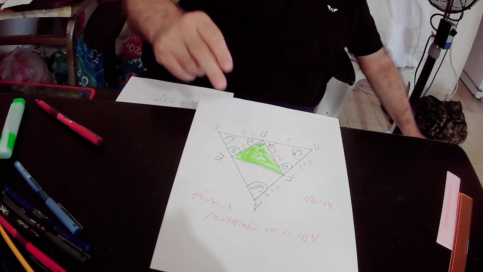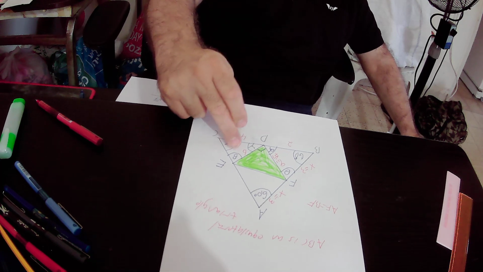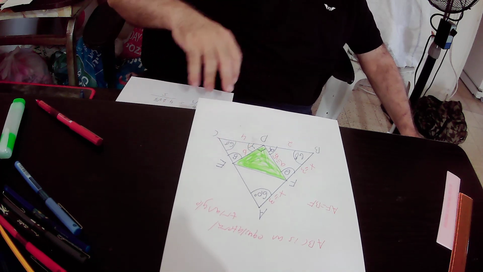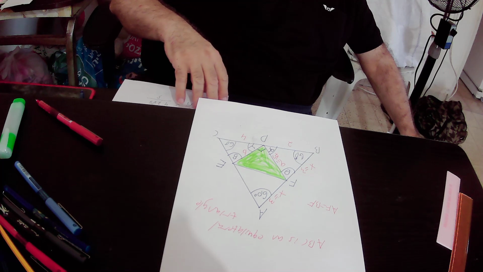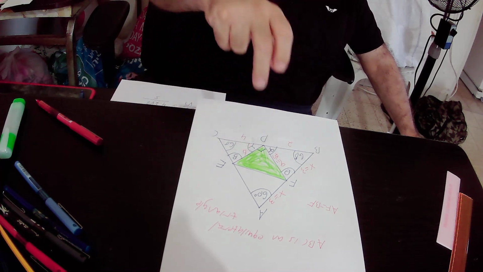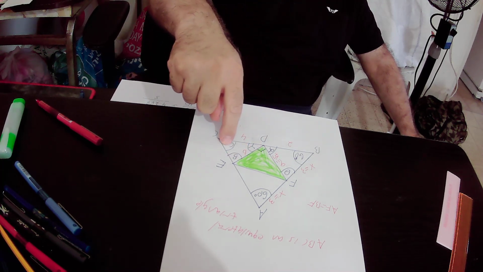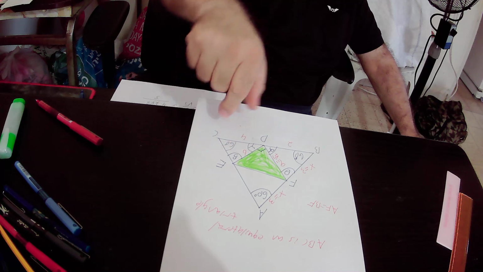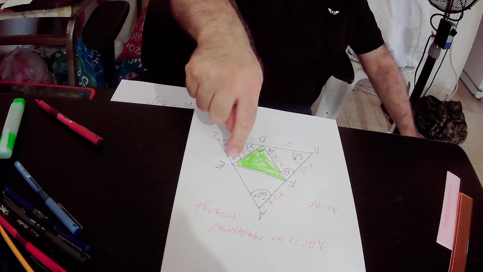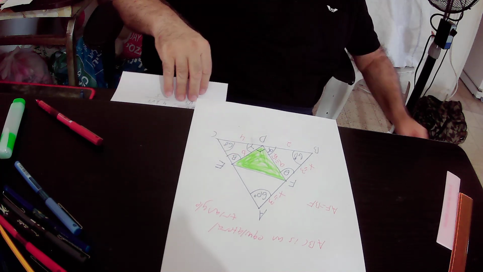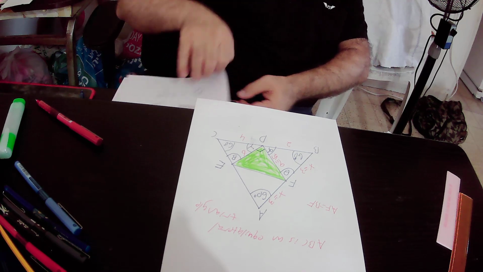we implemented the law of sines in triangle DEC, and according to the law of sines in triangle DEC, DE over sinus 60 degrees equals to DC over sinus beta.